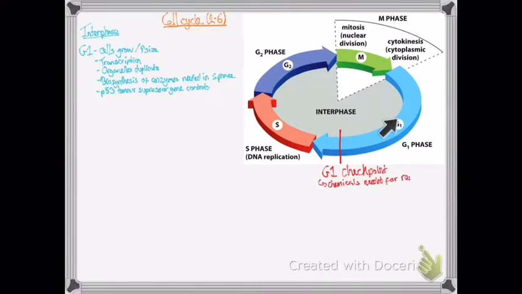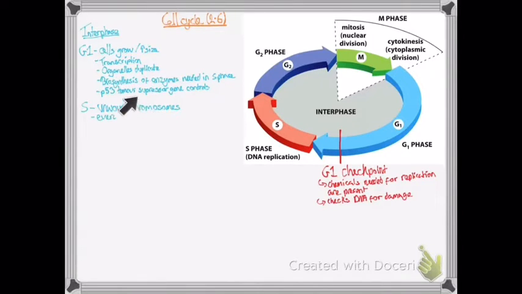and these checkpoints come about at various stages in our cycle. And for the G1 checkpoint, it's just checking that all the chemicals needed to enter S phase, which is the second phase where the DNA replicates, are present. And it's just checking that there's no damage to the DNA, because in S phase we're going to copy our DNA, and if you've got damaged DNA then the cell could be mutated and you can get cancer forms.